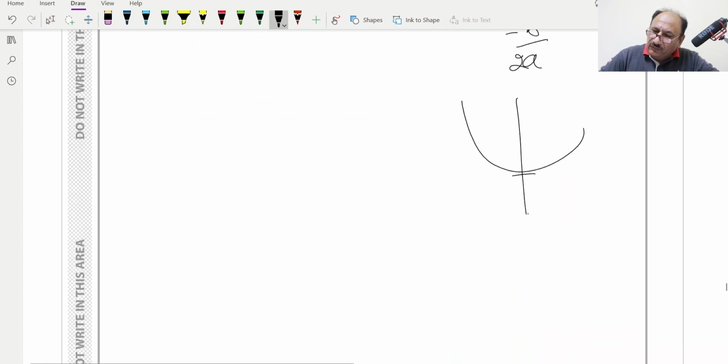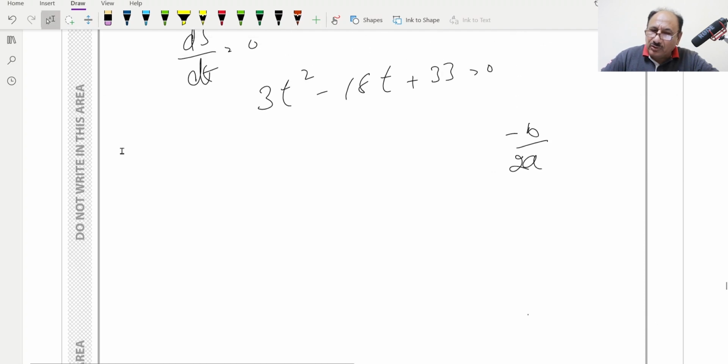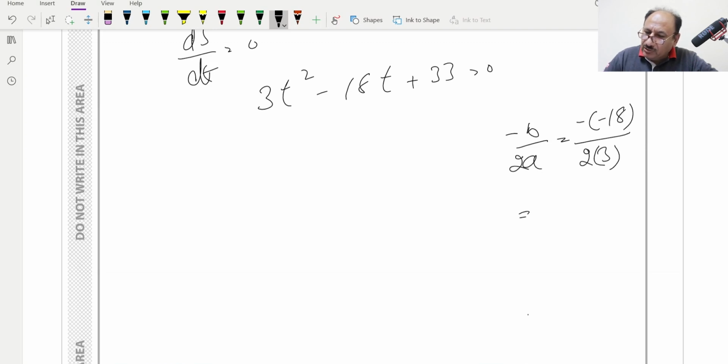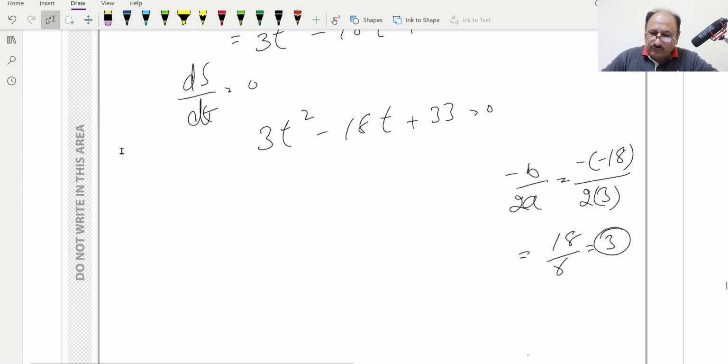The b value is minus 18, so minus into minus 18 over 2 into the a value, which is 3. We are taking values from this quadratic equation. This is equal to 18 over 6, which is equal to 3. So the vertex is at 3, so the t value will be 3.